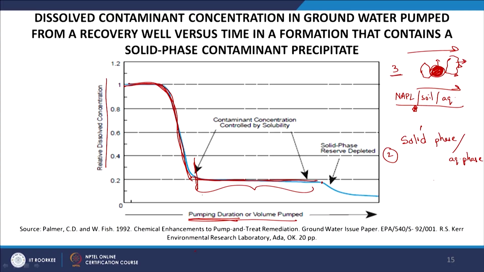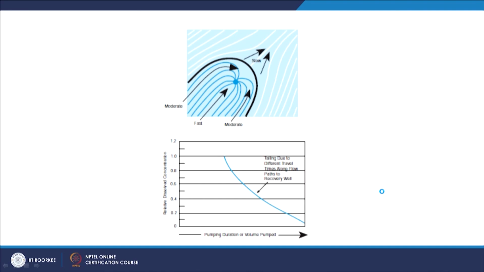So, that is what one would presume happens out here, and when all the solid particle has dissolved, then I am going to see a further decrease of the contaminant concentration in the groundwater, right. So, again similar to the NAPL or the non-aqueous phase liquid, here we have a solid particle and then the relevant aspects here, right.